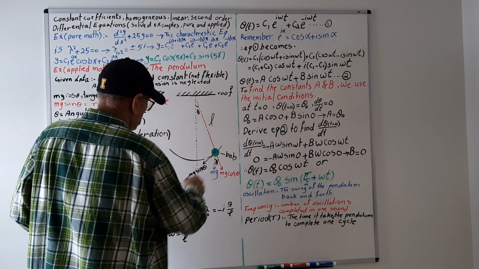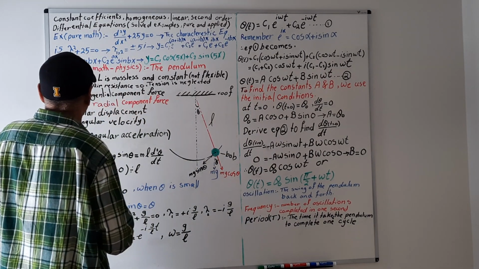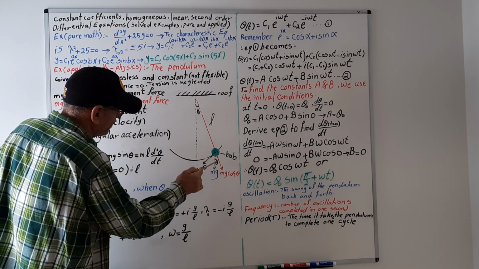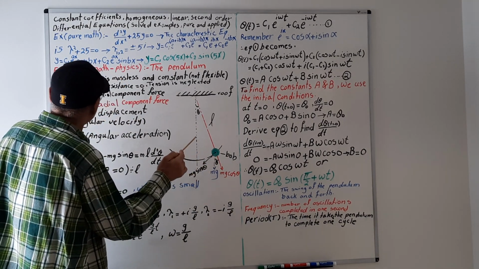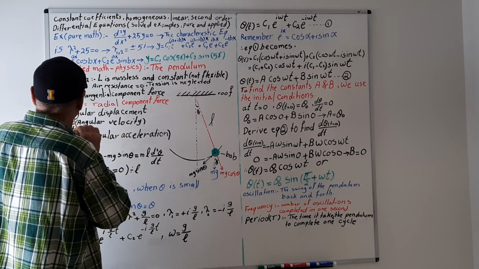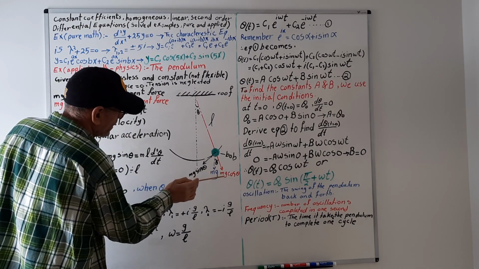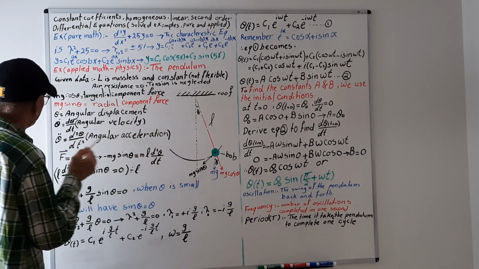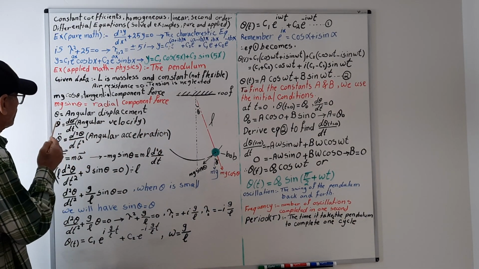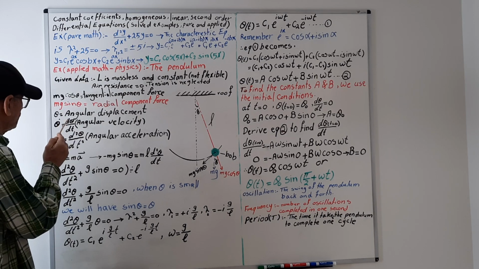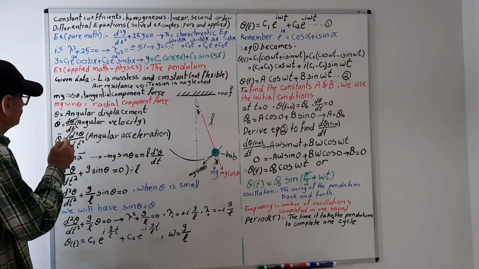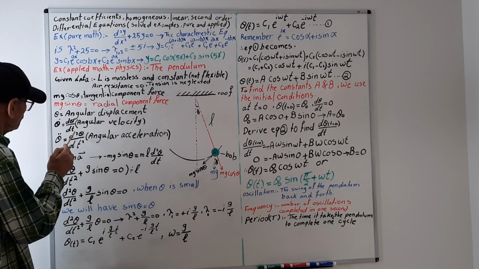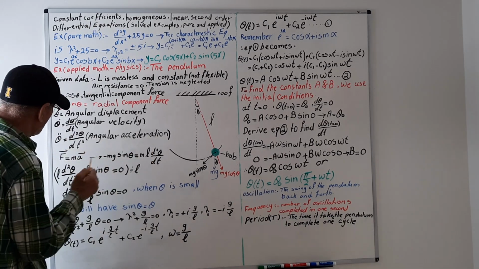So the force here, the tangential component, will be mg sine theta, and the radial force mg cosine theta. Theta is the angular displacement, and d theta over dt is the angular velocity, and this is the angular acceleration.